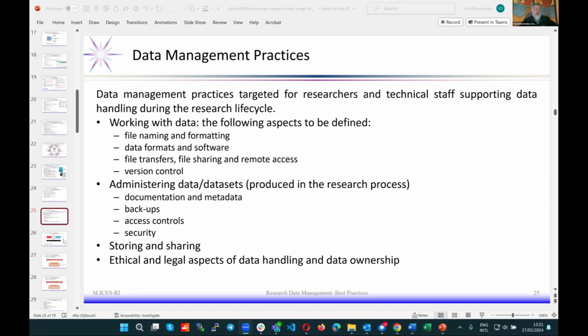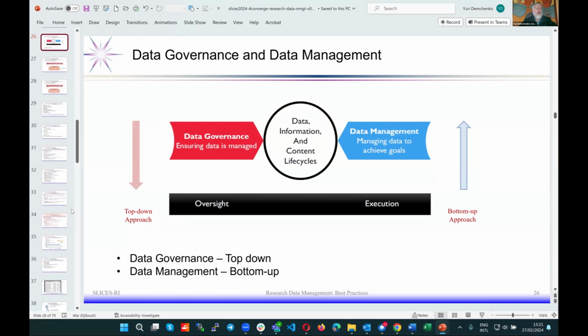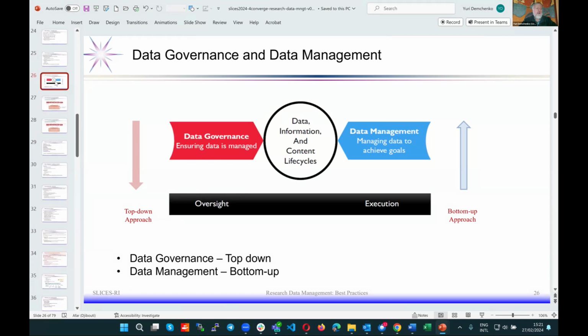Now we can look at two concepts that exist in data management and governance: data management and data governance. Data governance is defining policy and implementing the policy in all organizations. This is a top-down approach.